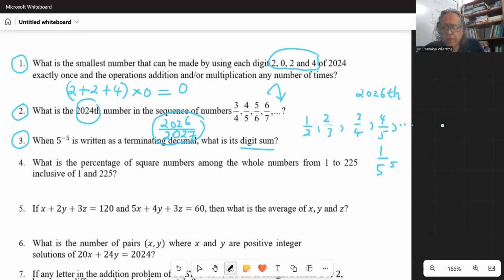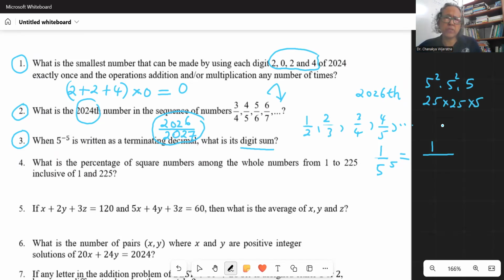So what is 5 to the 5? That is 5 to the 2 times 5 to the 2 times 5. So this is 25 times 25 times 5.